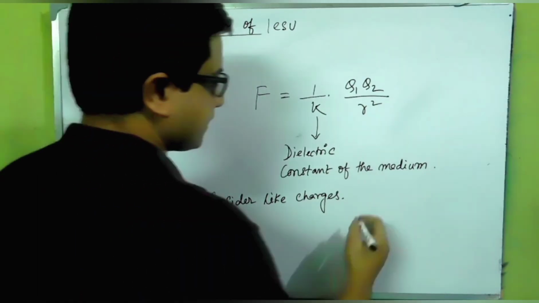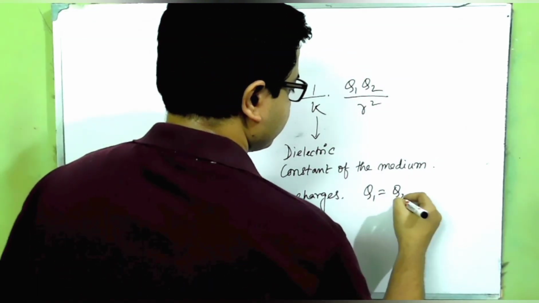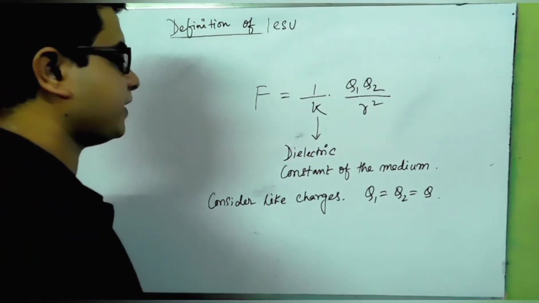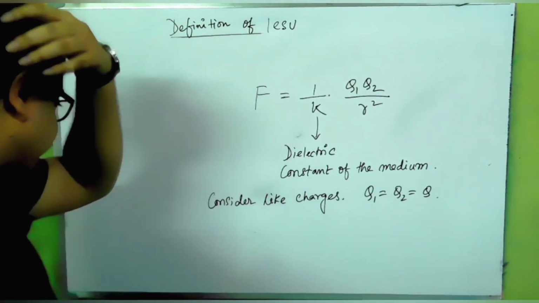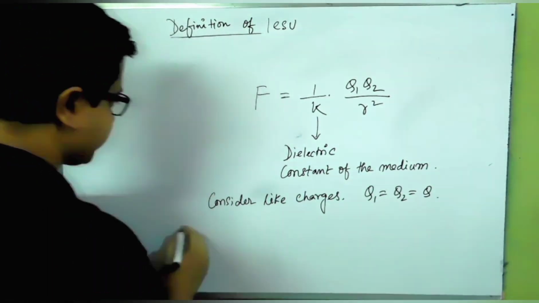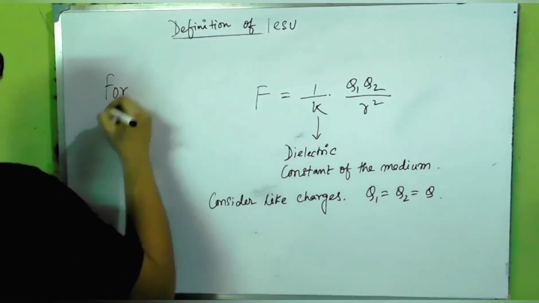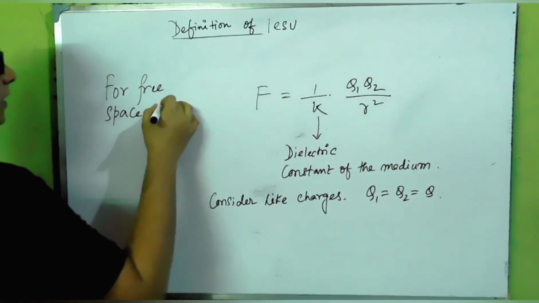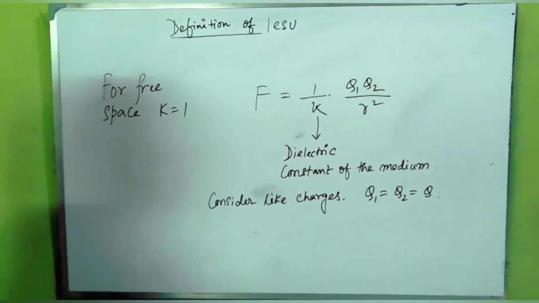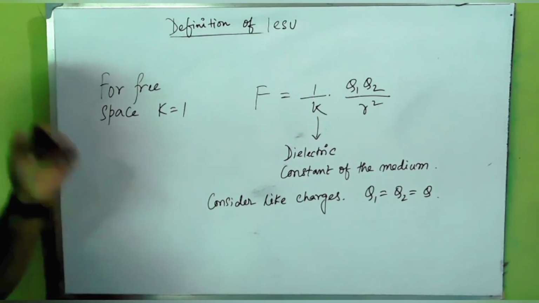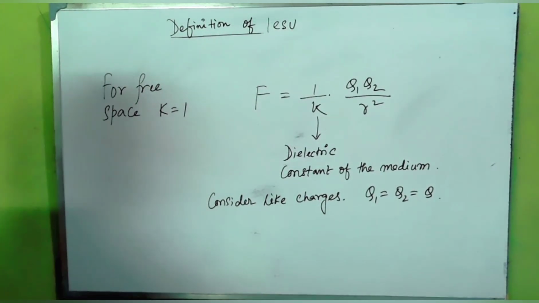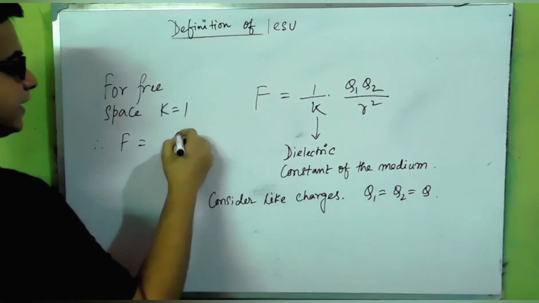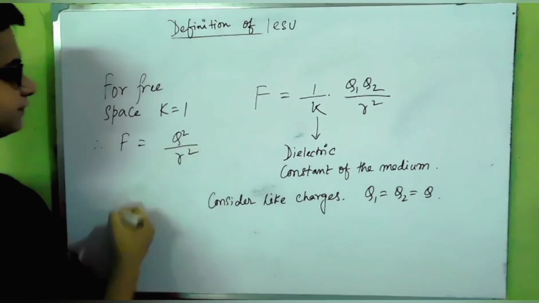By like charges, I mean that Q1 is equal to Q2 is equal to Q. Now, for free space, K is equal to 1, that is, the dielectric constant for free space or vacuum is equal to 1. So therefore the force becomes F is equal to Q square by R square.